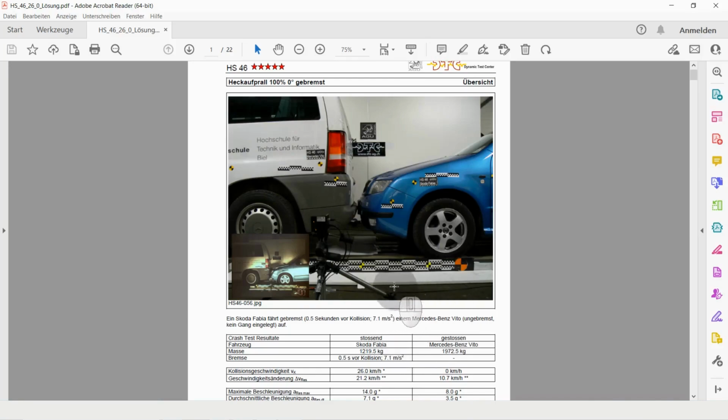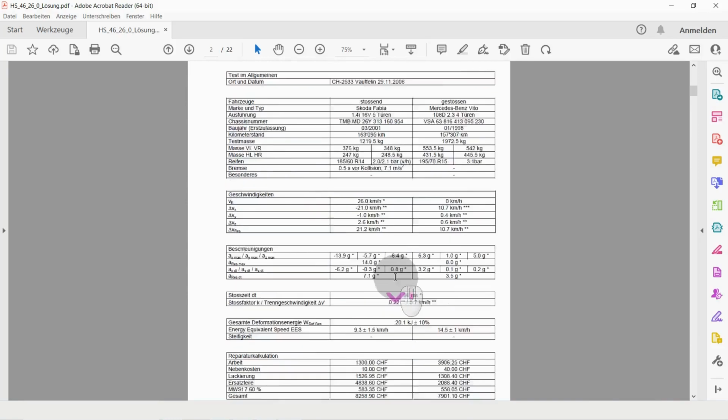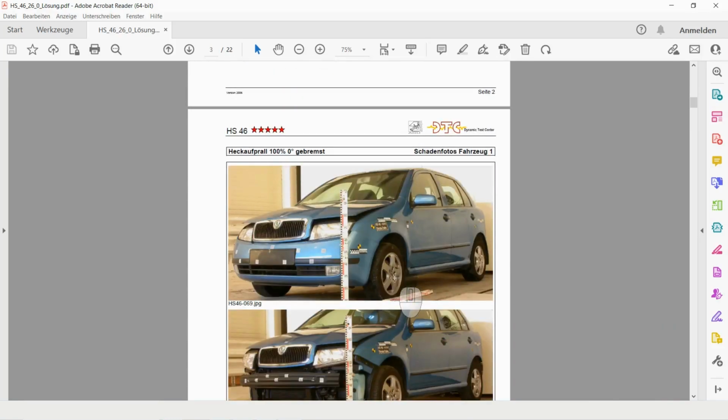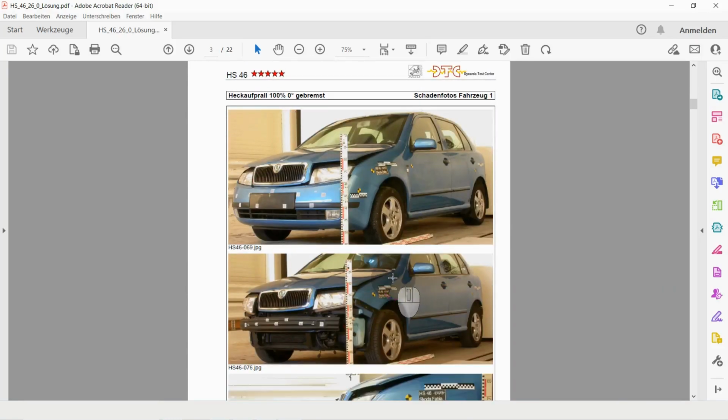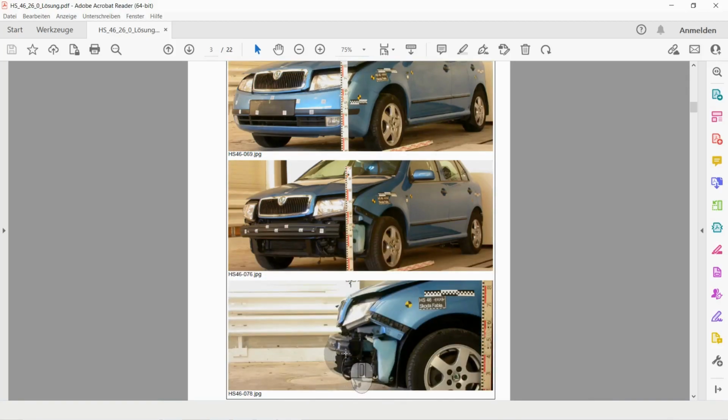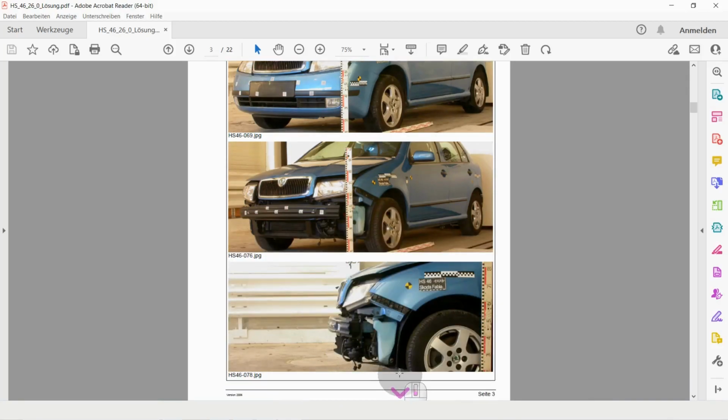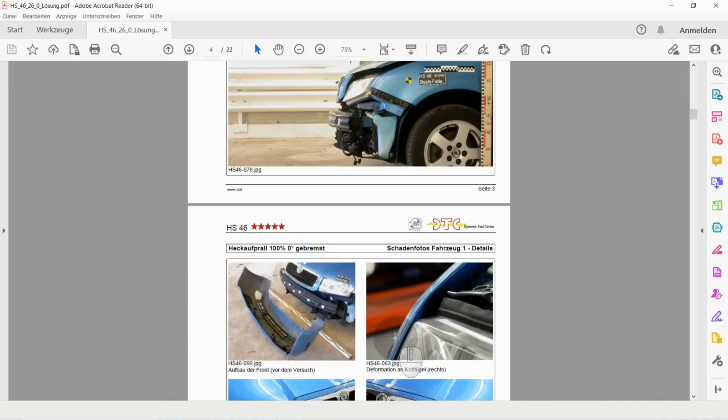We have information about the braking decelerations here, and we won't look too much into the results. We will look a little bit into the damages. We can see here that this is a bit moved up. That means there has been some force pushing backwards, obviously. We can see some parts here in the back a bit destroyed.